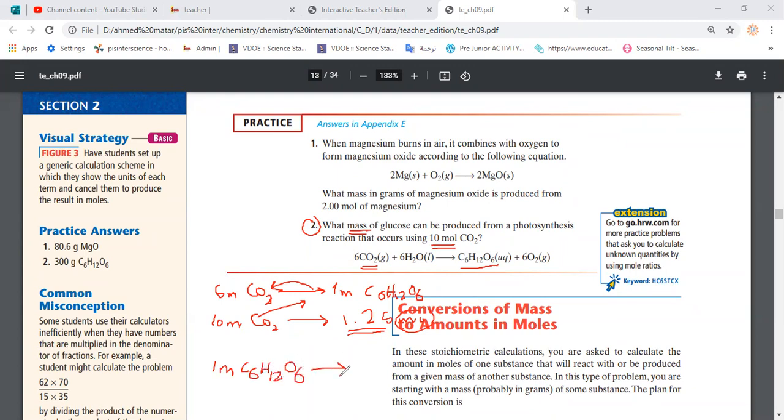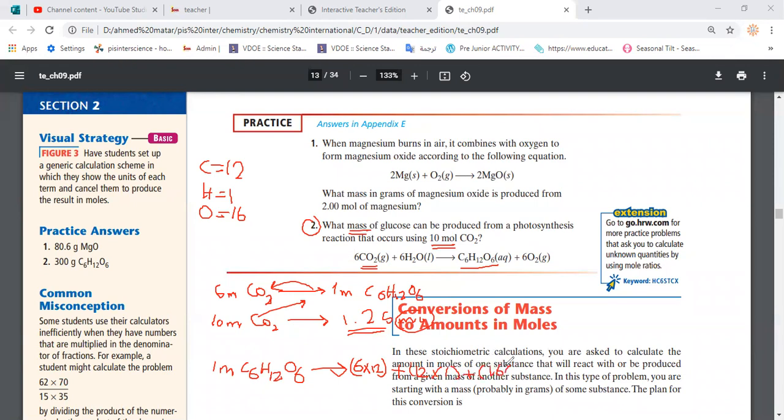So here, the carbon mass equals 12 grams, the hydrogen mass equals 1 gram, and the oxygen equals 16. So let's find the mass of 1 mole of glucose. Carbon is 12, that means 6 multiplied by 12, plus we have 12 hydrogen, that means 12 multiplied by 1, plus 16 multiplied by 6.